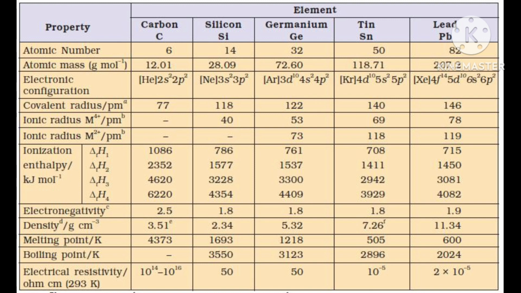Tin forms compounds in both oxidation states, +2 and +4. Tin, that is Sn. Sn in the +2 state is a reducing agent. Keep in mind, in the +2 state, reducing agent means it will donate the electron. It can give the electron. Lead compounds in the +2 state are stable.